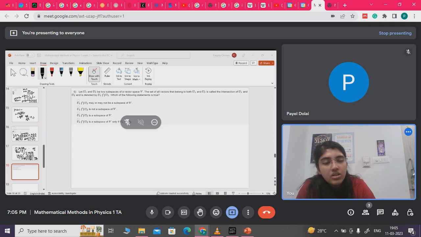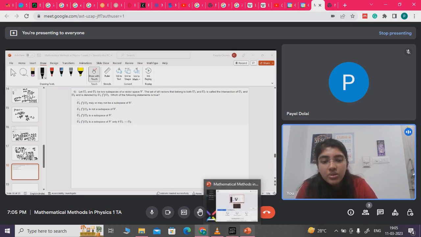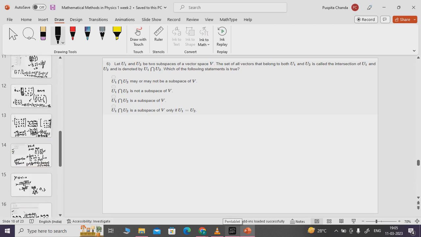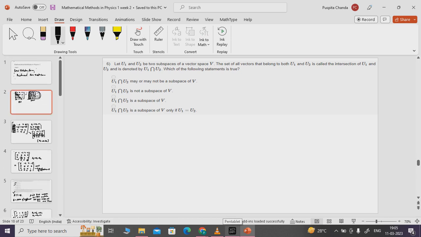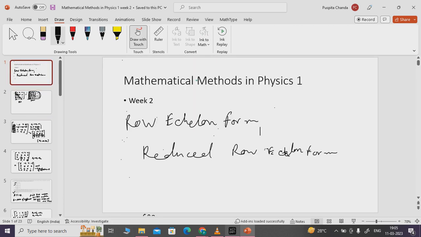See, to obtain the rank of a matrix, or the number of independent row vectors and independent column vectors, you just need to reach the row echelon form. Okay, not reduced row echelon form. I have already said one is row echelon form and another is reduced row echelon form.